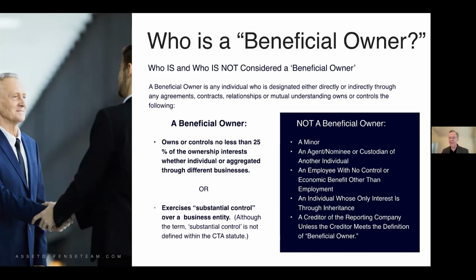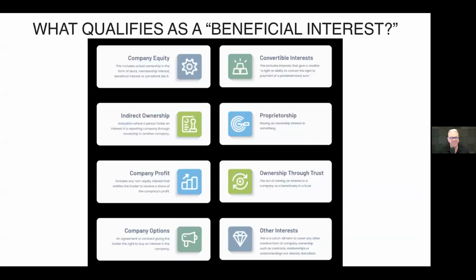An individual who just inherits maybe some stock in a company, well, they're not a beneficial owner. And then a creditor of the reporting company is not a beneficial owner unless the creditor meets the definition of a beneficial owner. And we'll go over roughly what that could be. All right. But most creditors, just a lender, will not be a beneficial owner. Correct.